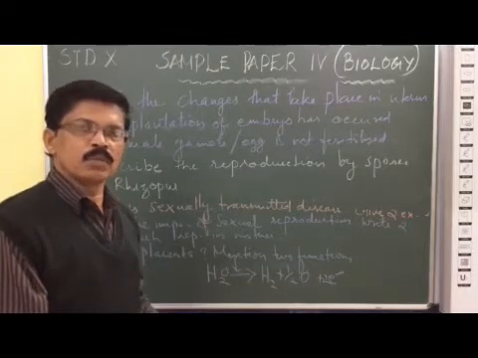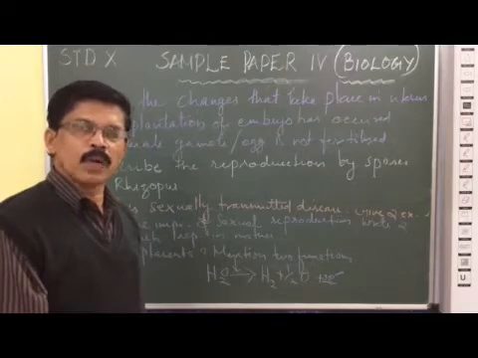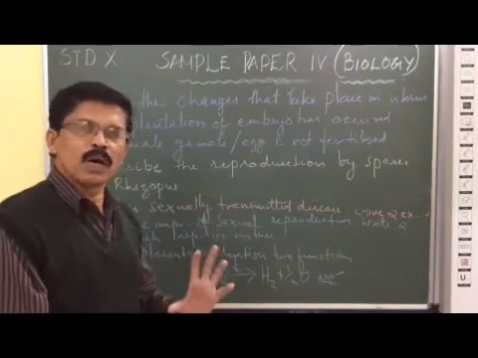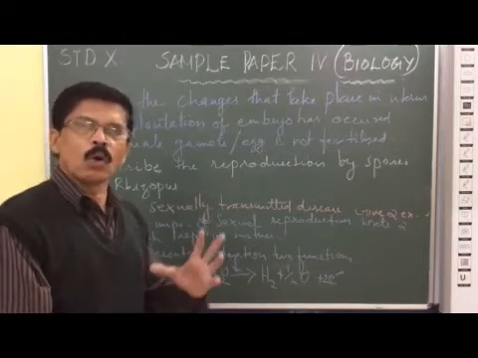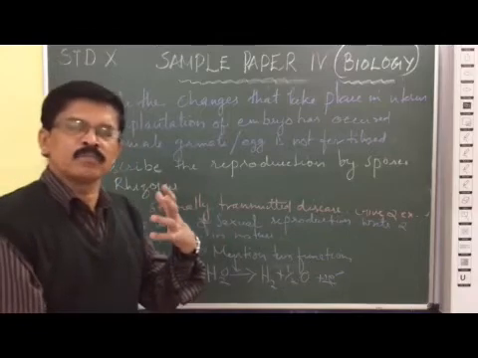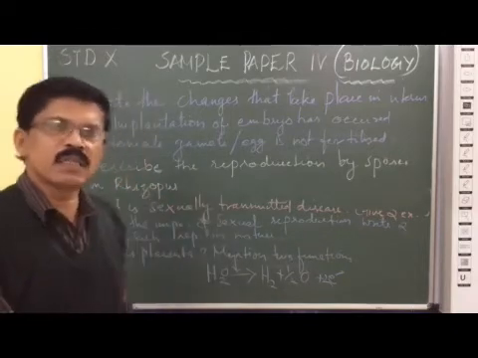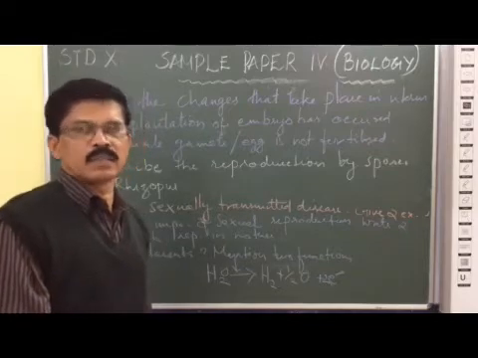The correct name is chorionic villi. That is the part of the fetal tissue. Chorionic villi is the part of the fetal tissue. Chorionic villi and the uterine tissue together form a special tissue that is called placenta.